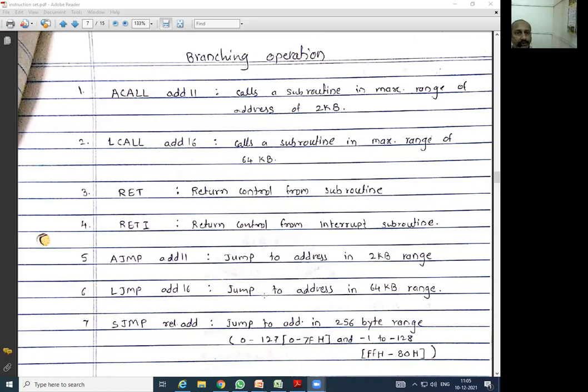As a prerequisite, we have started the instruction set. As we know, depending on the various addressing modes and the instruction types, there are different instruction sets, and we have started to learn all the instructions related to 8051.